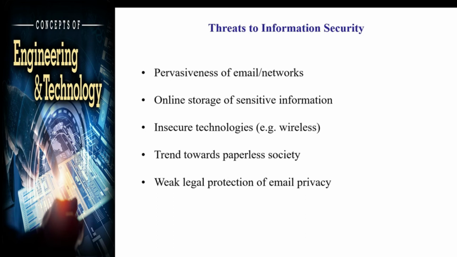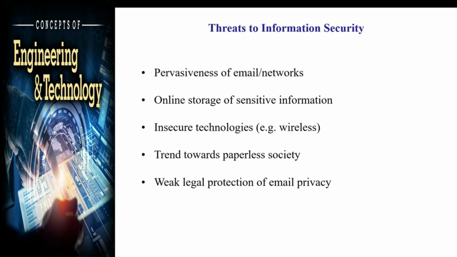When you look at information security, there are also some threats to it. How we use network connectivity and emails has to be secured, as well as all the sensitive information we are storing.